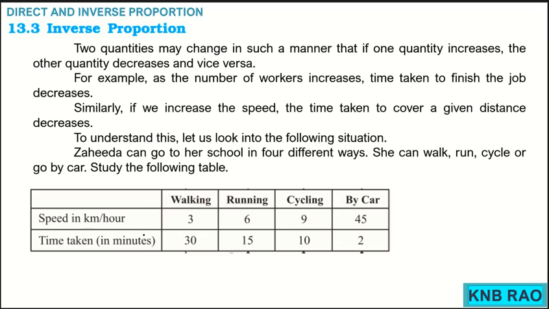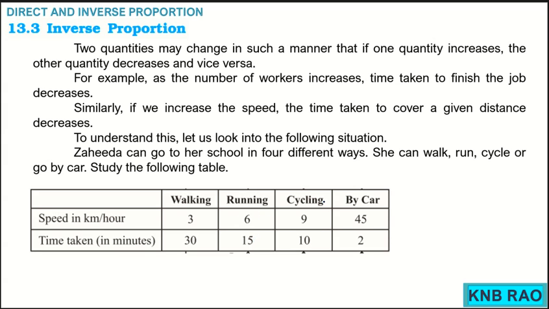Suppose if she goes at the speed of 3 km per hour walking, she will reach her school in 30 minutes. If she runs at the speed of 6 km per hour, then she will reach in 15 minutes.